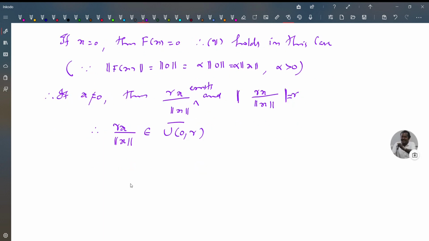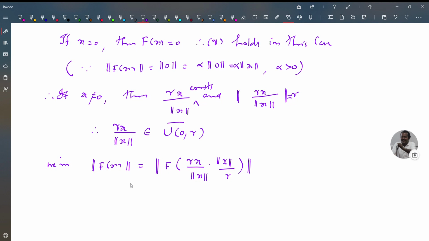We have norm of f(x). This is equal to norm of f(r x divided by norm x) into norm x by r, so that norm x and r will cancel to get f(x).